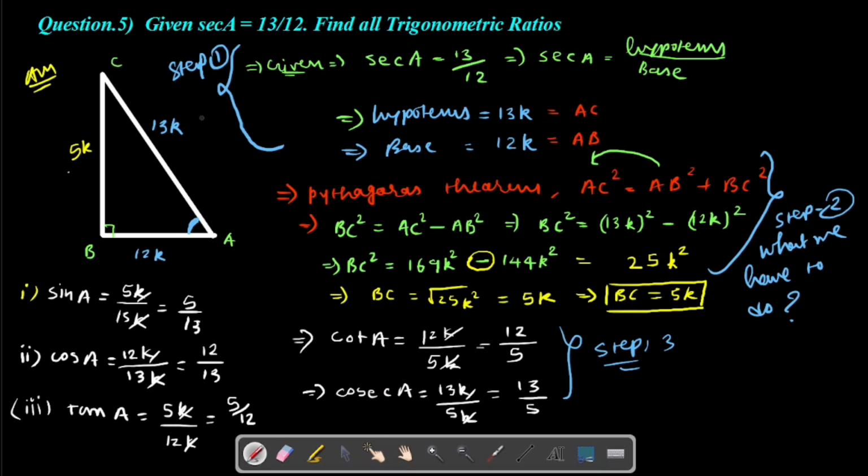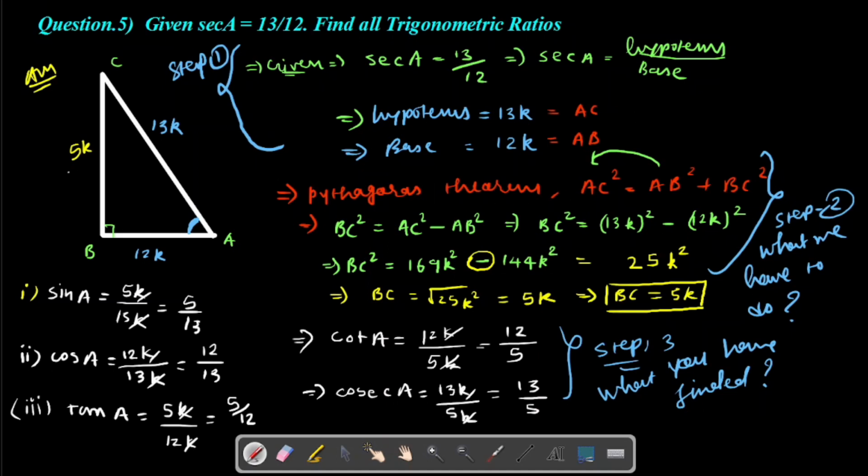But it's not right. You have to write it last, what you have found. Step 3 is writing what you have found: the remaining trigonometric ratios. So write it down here. Now move on to the next question.